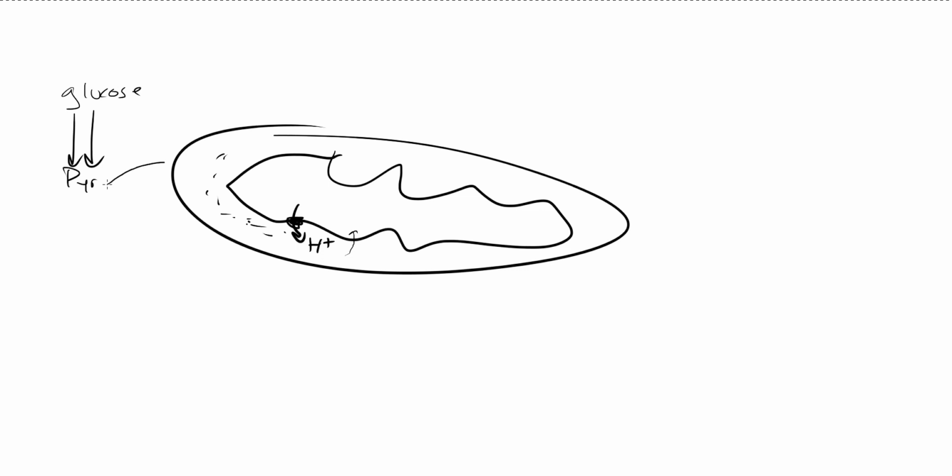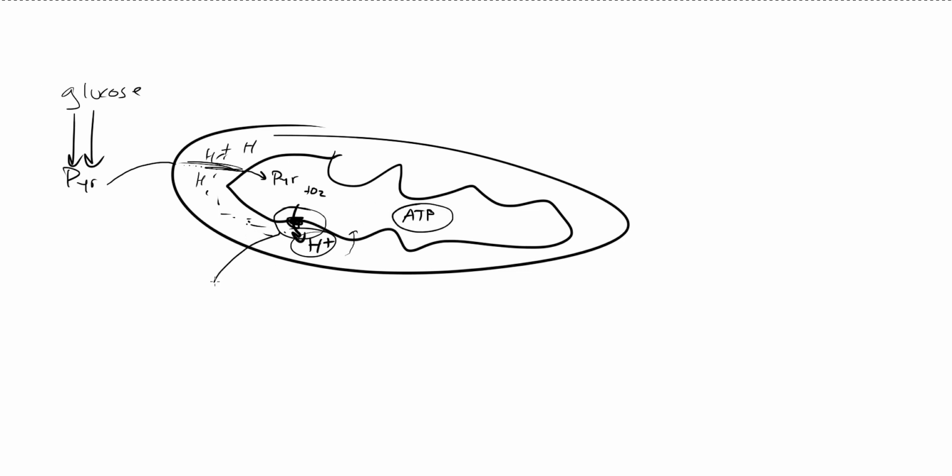The pyruvate actually gets pumped into the matrix by using the energy generated by these protons. That's why we can't tell you exactly how many ATPs are generated, because some of that energy isn't going to making ATPs, but it's also going to other things, such as pumping pyruvate across these membranes. And so only in the presence of oxygen can the electron transport chain work and therefore make ATP.